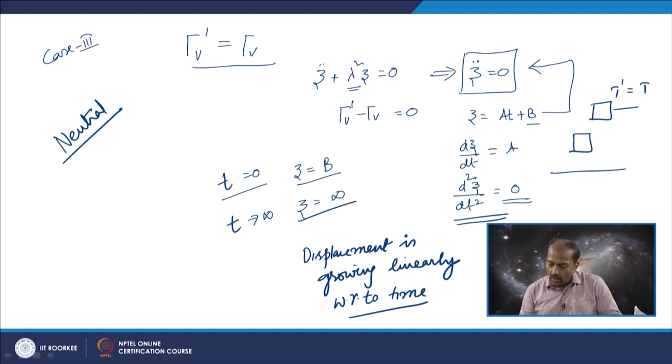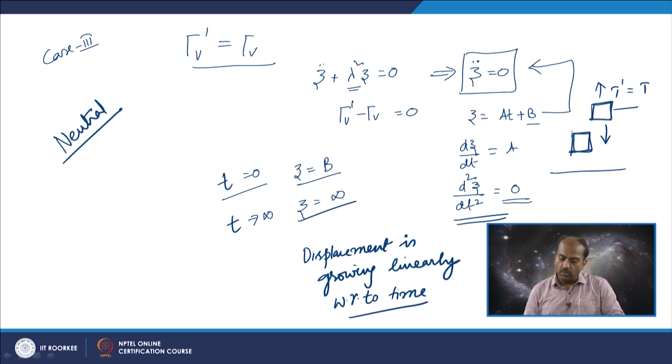In the original stable situation, when you displaced the air parcel, it came back. In the unstable situation, when the air parcel was displaced, the parcel went away and never used to come back. But here, when you displace an air parcel from its mean position to the new position, where the temperature inside the air parcel is equal to the temperature outside, the parcel has no reason to rise or sink.